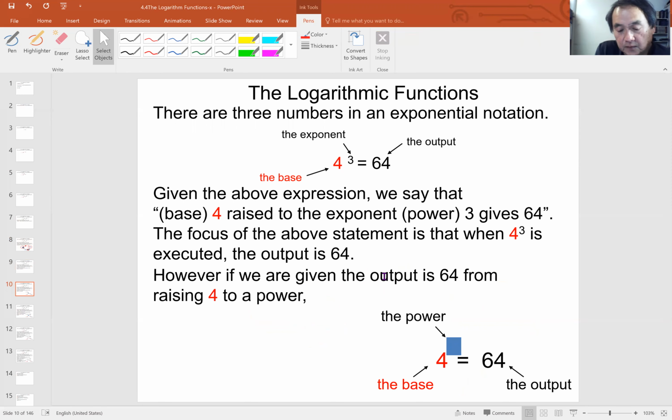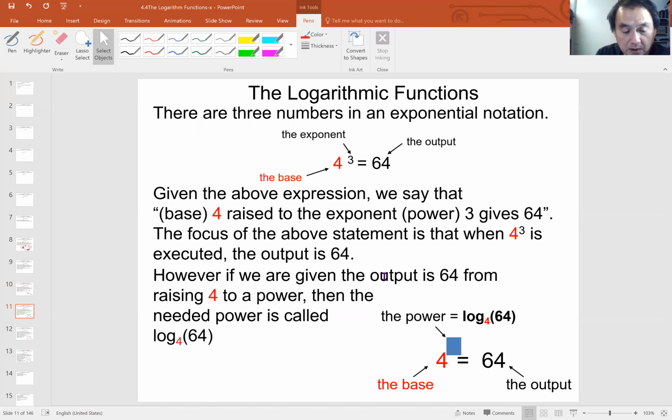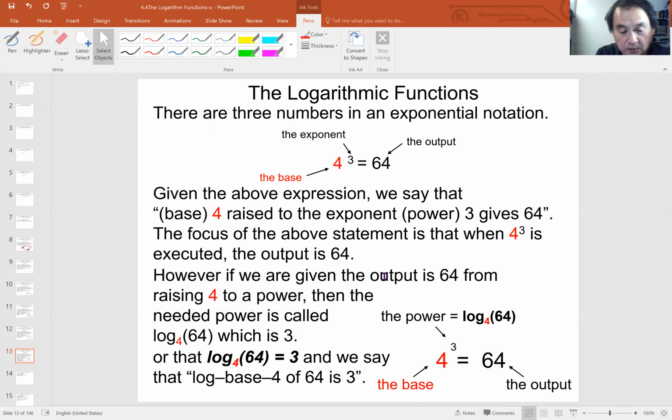So in other words, if I'm interested in what exponent I need for the base 4 to obtain the output 64, so I know 64, what is the x used for the exponent? That number I call log. Okay, so log base 4, we write it as log, and 4 is, again, the base I'm using, which is very important.